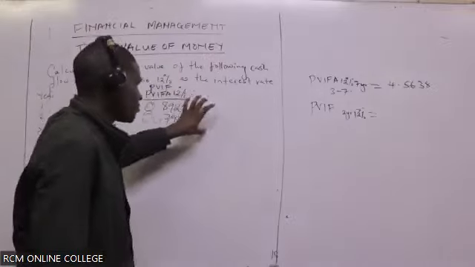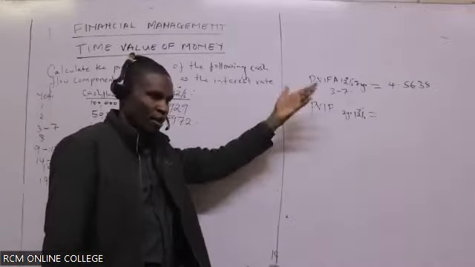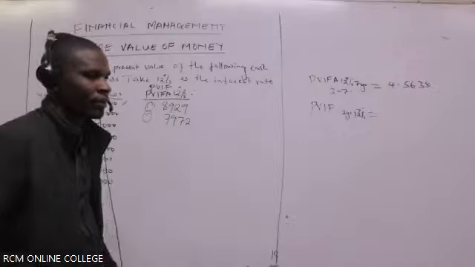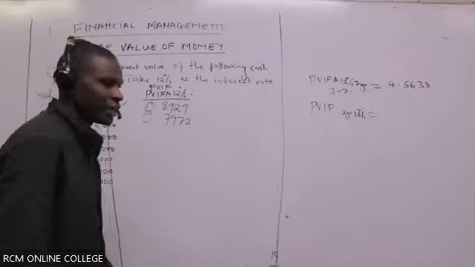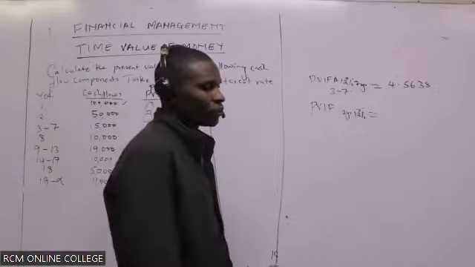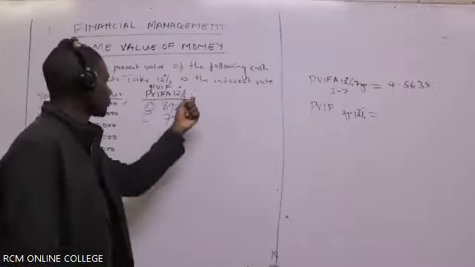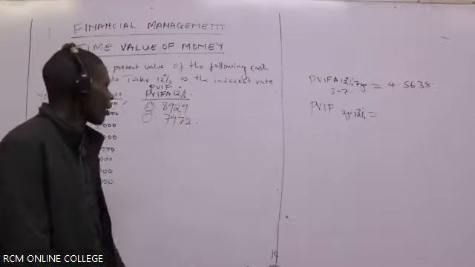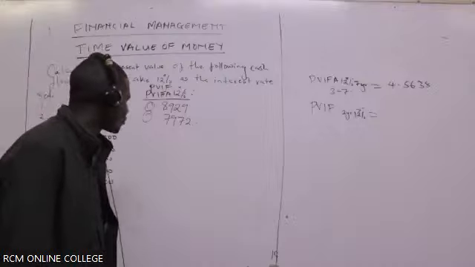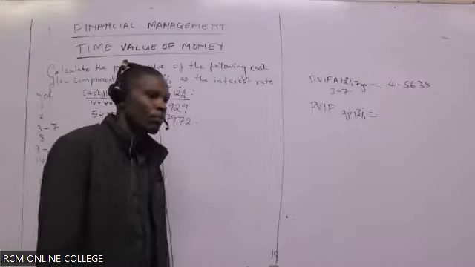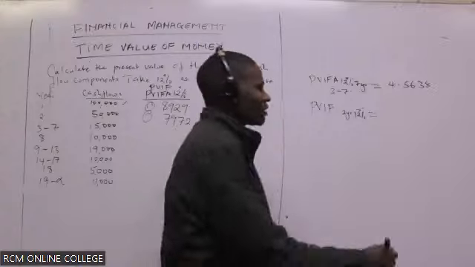Nipe sasa ya hizi mbili zenye already tumecompute ili tupate range. Haya. Ukiongeza hizi mbili unapata nini? It will be 2 point something ama 1 point something. 1.6901.